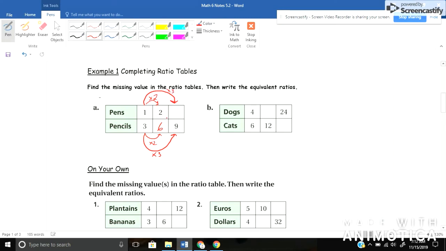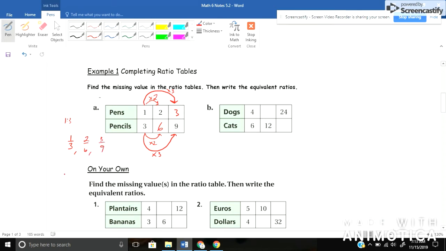So 1 times 3 would give us 3. Okay, and then write the equivalent ratios. That would be 1 to 3. Remember, you could also write that as a fraction. And we've also got 2 to 6. And lastly, we have 3 to 9.